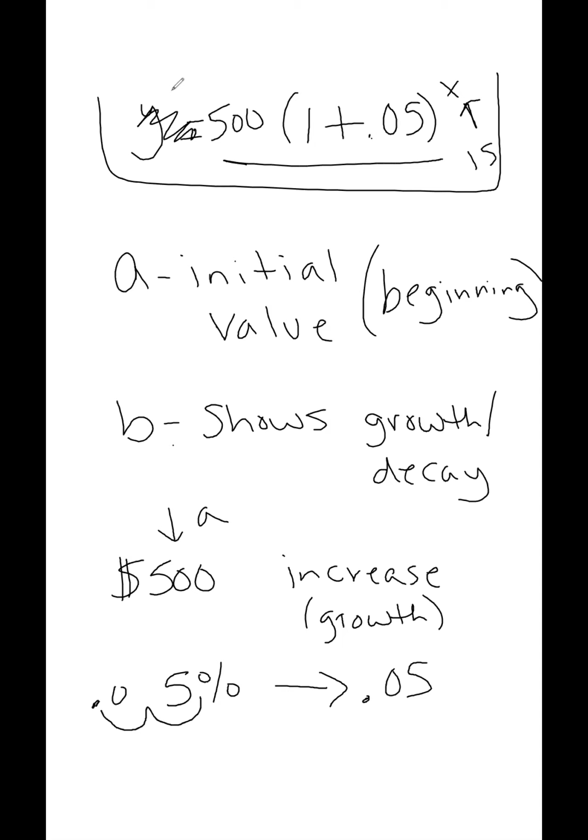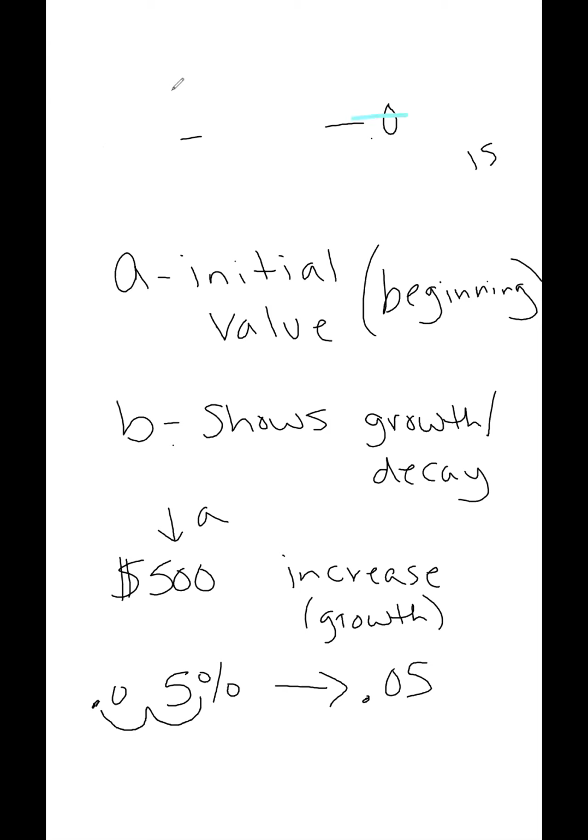So let me go over that one more time. We're going to start out with just the generic equation, y equals a times 1 plus r to the x. r is your rate. a is your beginning value. And again, there are notes on this. So now I have my information.